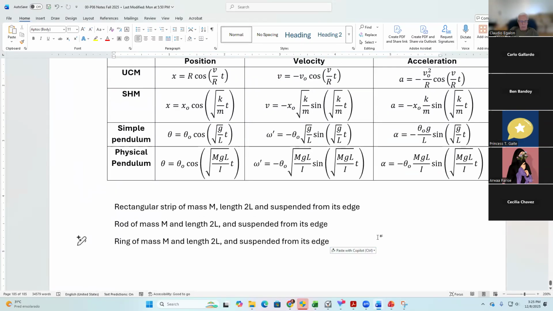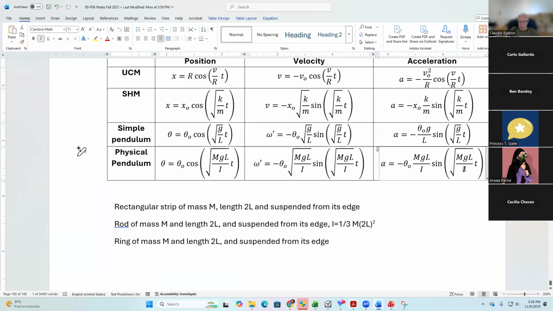Rectangular strip rod, I equals 1/3 ml squared, but it's going to be 2L in this case, because I said that the rod is going to be 2L, right? So this I must be replaced like here for the rod.